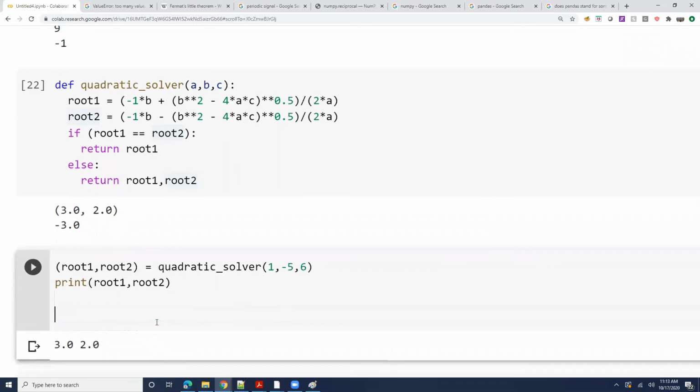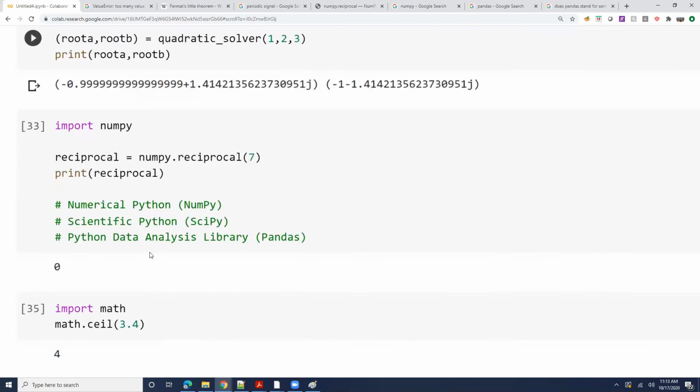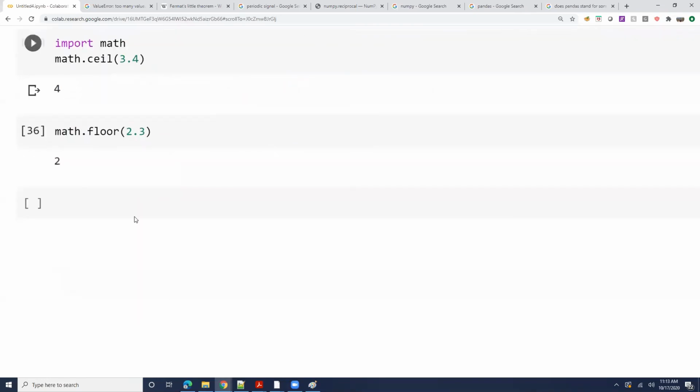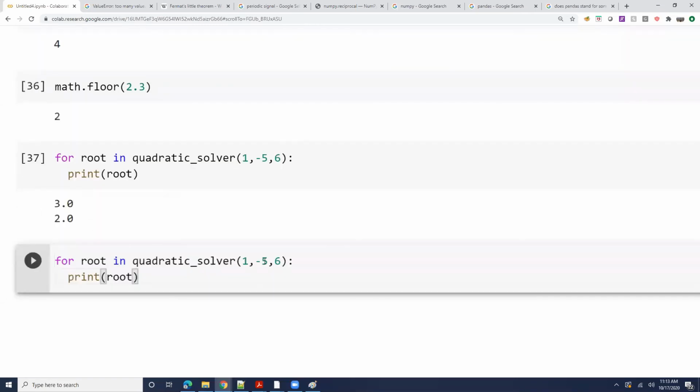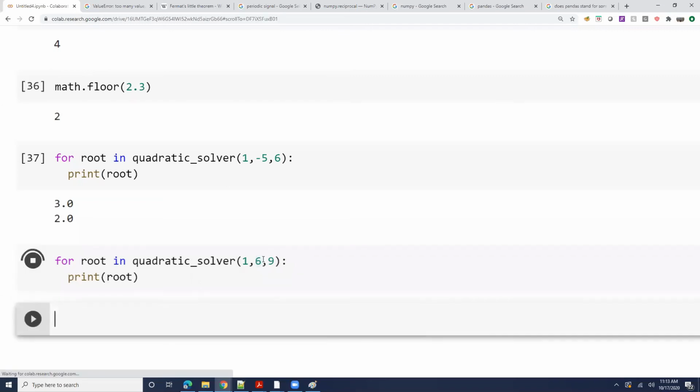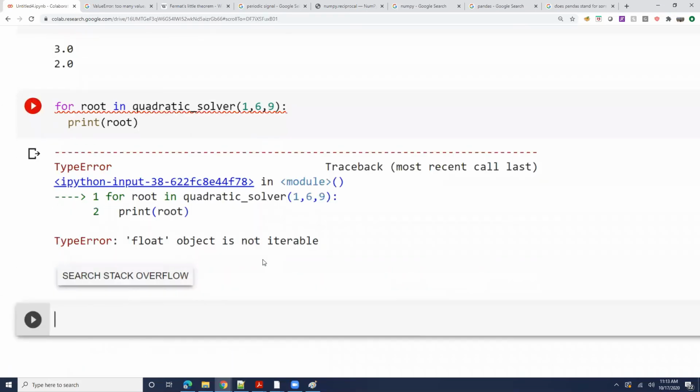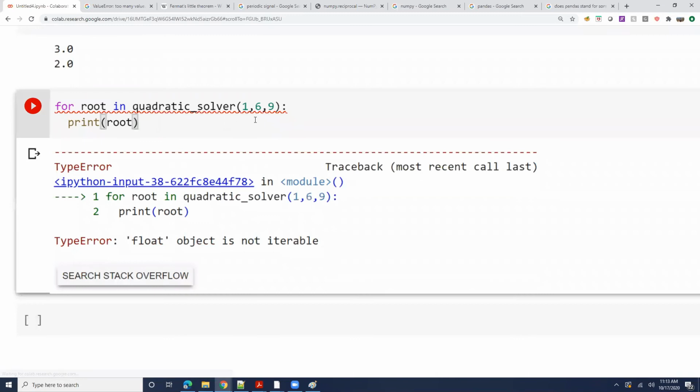This is the equivalent of that for quadratic solver. So let's see if I put this here. It works. But if I try this same thing with 1, 6, and 9, it gives an error. Again, same problem, because it returned a float, not an iterable collection.